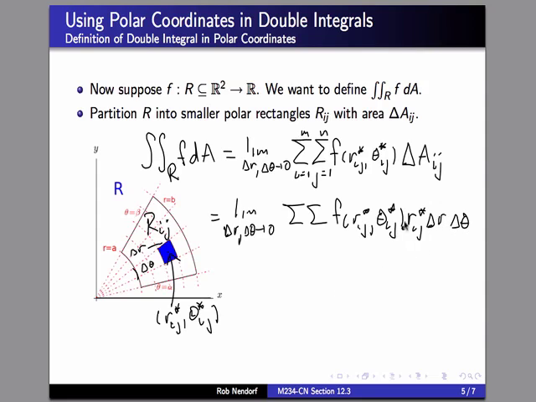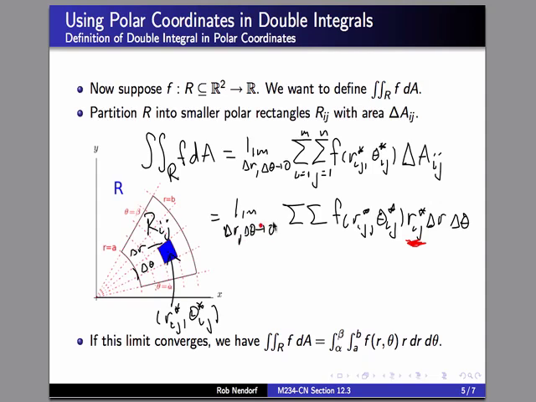Okay, so we get this extra r showing up in this limit, and that's really the key difference. Whereas in rectangular coordinates, delta A would have been delta x delta y, instead in polar coordinates, delta A has this extra factor right here. So this is probably the main thing to notice right here is this term.